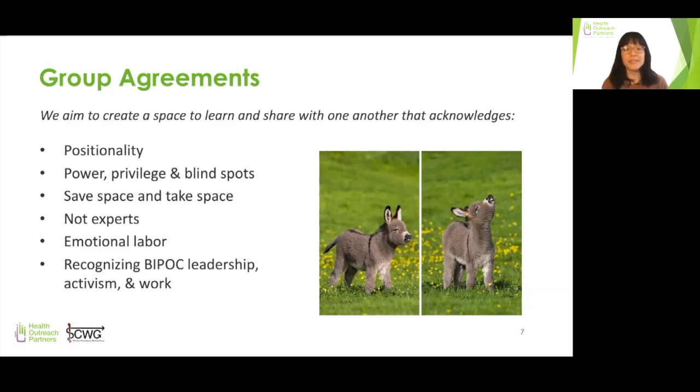We can do this, especially when we're having conversations around things like structures and structural racism, by acknowledging these different things and being in agreement around it. So first of all, I want to mention positionality.